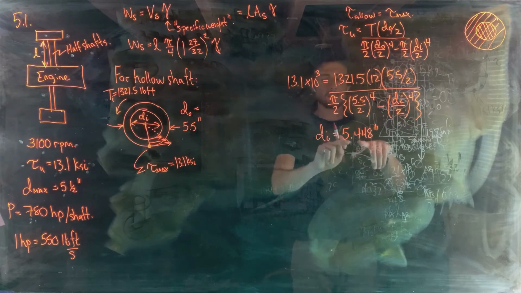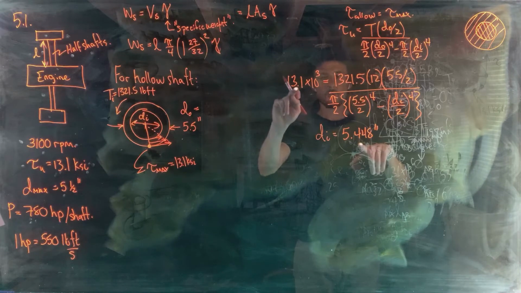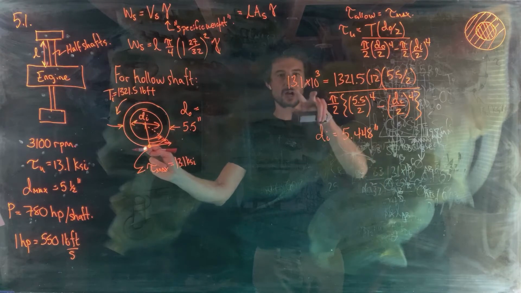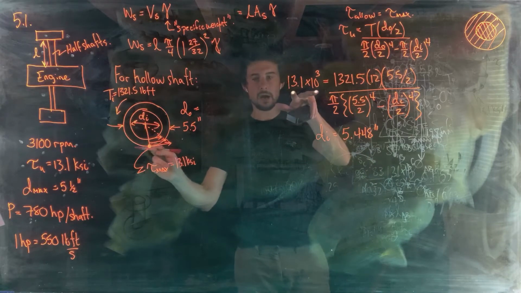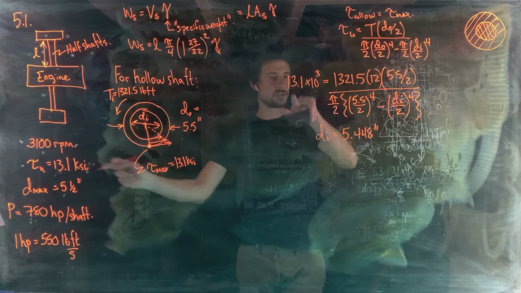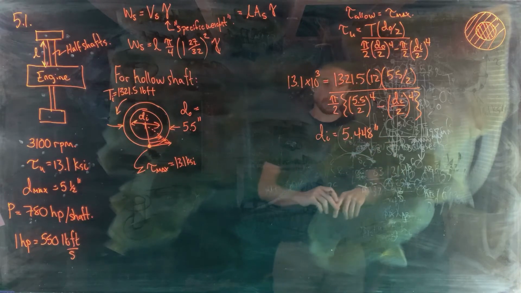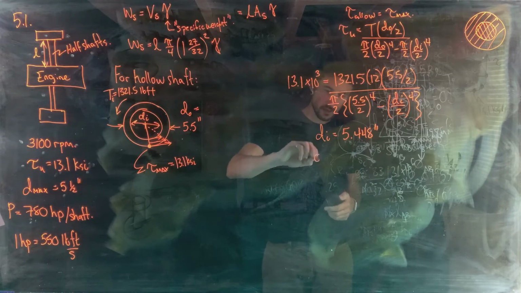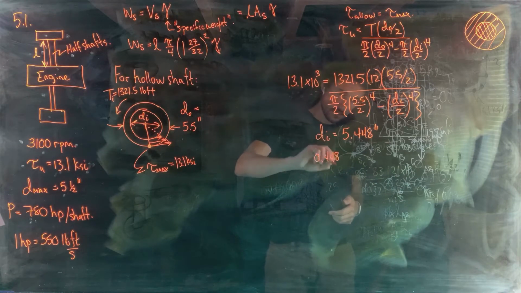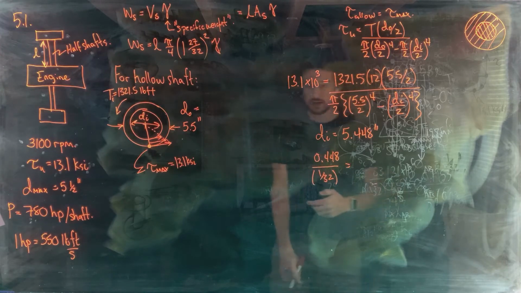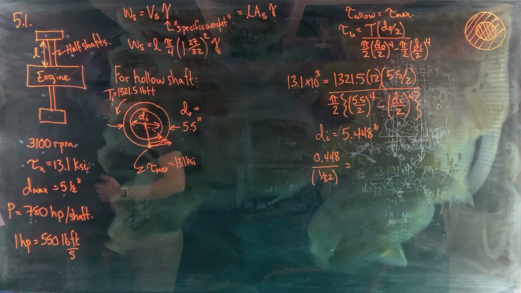Okay, so that's how big the internal diameter can be before the material at the circumference of that hollow shaft exceeds our ultimate strength for the carbon fiber. So again, we have to round this to the nearest 1/32. So we take 0.448 divided by 1/32 to see how many times that will fit inside that.